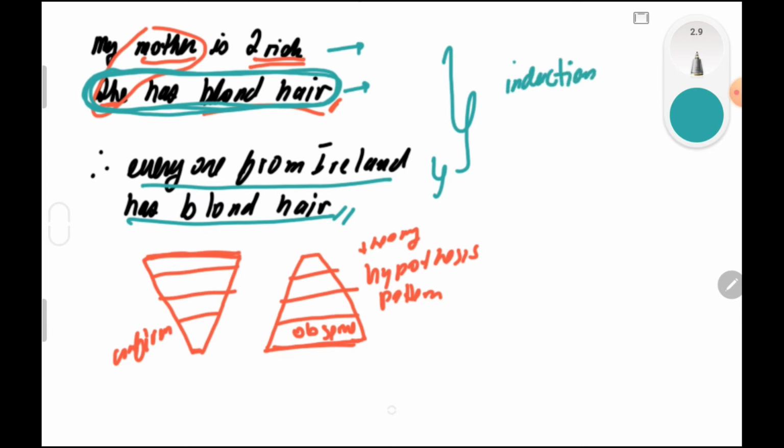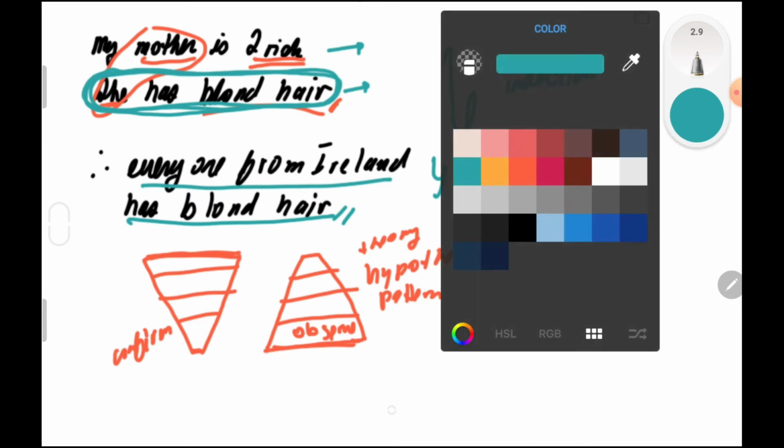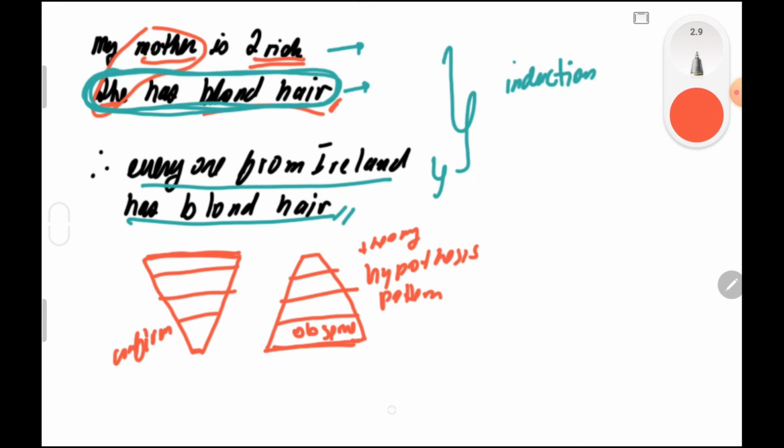So paano natin siya gagawing deduction? So ganito siya. Para maging deduction yan, ang gagawin mo is simply state mo yung nationality ng mother mo, di ba?